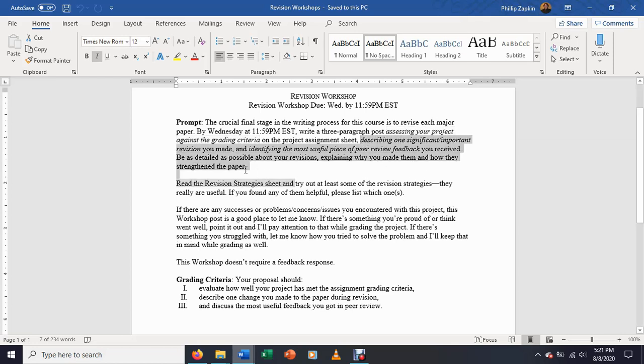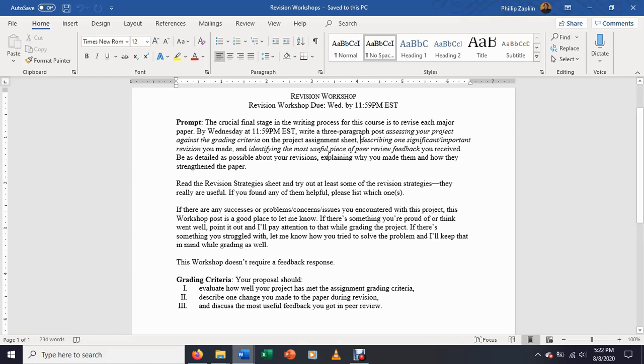Next, you're going to describe one significant or important revision that you made in the revision process. For this, you'll have peer review feedback. So that's one thing that you will be able to utilize in making your revisions. We've also got a revision strategy sheet that's up on Canvas, and you should be using those revision strategies to help strengthen your final drafts.